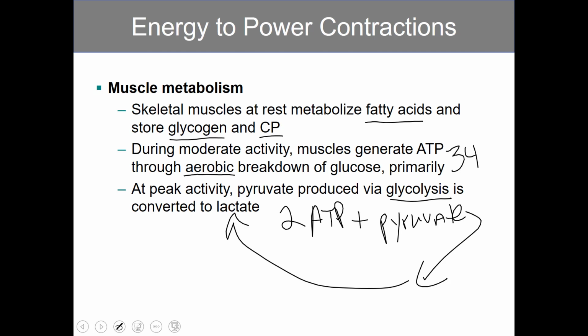Through the creation of lactic acid, you're going to lower the pH of that tissue, and it's actually going to start damaging some of the components of the cell, and that's going to trigger pain receptors. So the production of lactate, i.e. lactic acid, is not always a positive thing, but in the absence of oxygen, it's the only way our cell can produce ATP, so it is required.